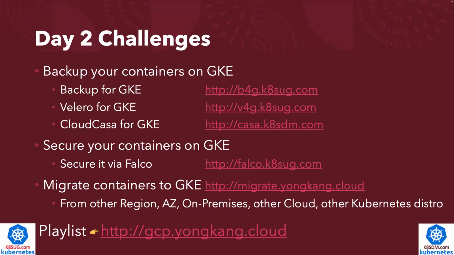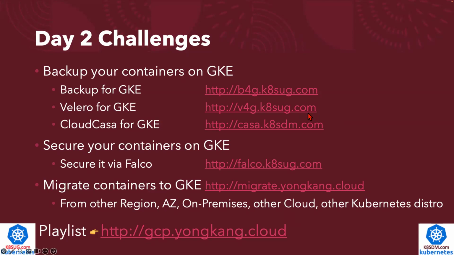But what about my day two challenges? You need to think about how to back up your containers. There are a few tools. Google has its own, and Google was actually the first cloud to introduce cloud-native Kubernetes backup. It's called Backup for GKE, and I have a video listed here. If you prefer open source, Velero is the number one Kubernetes backup tool.